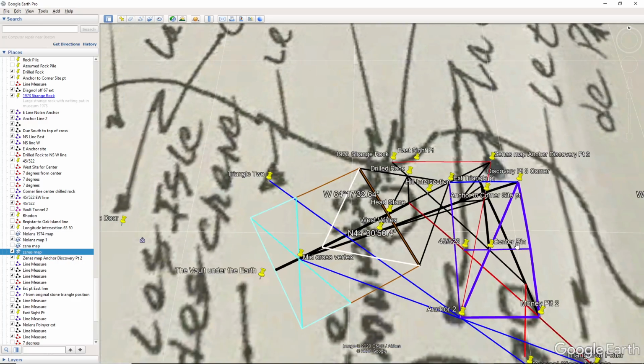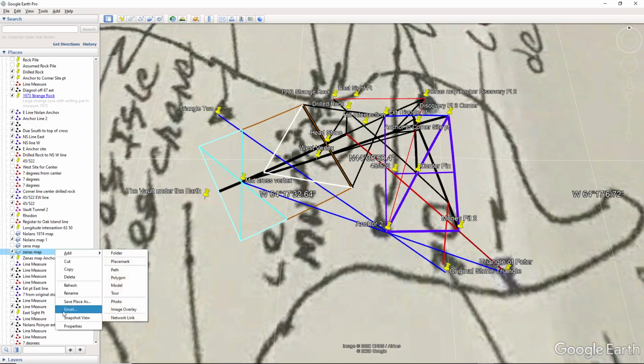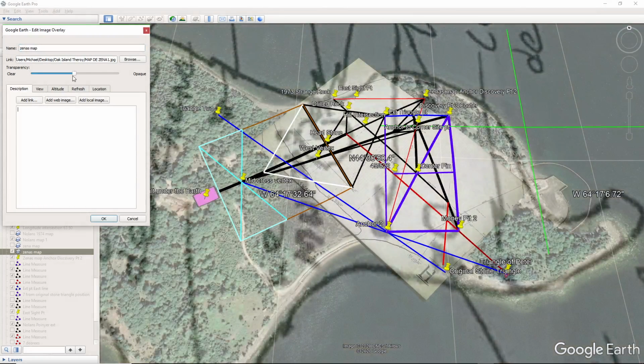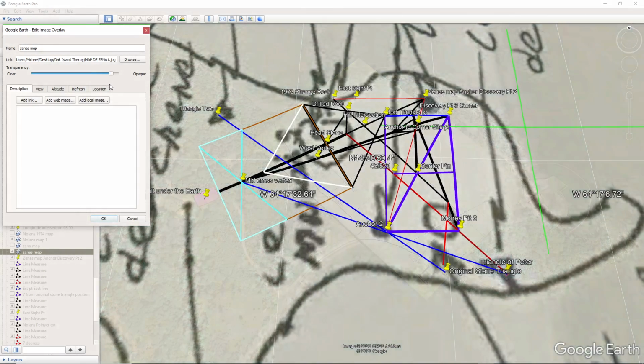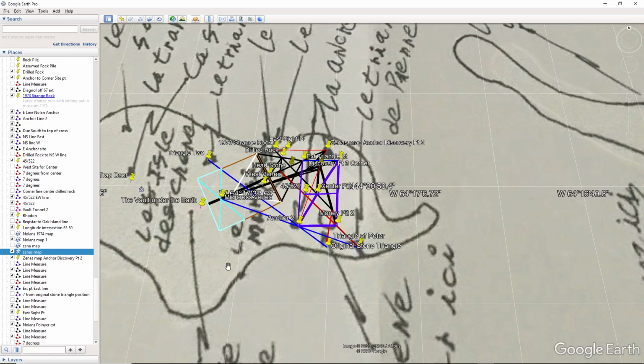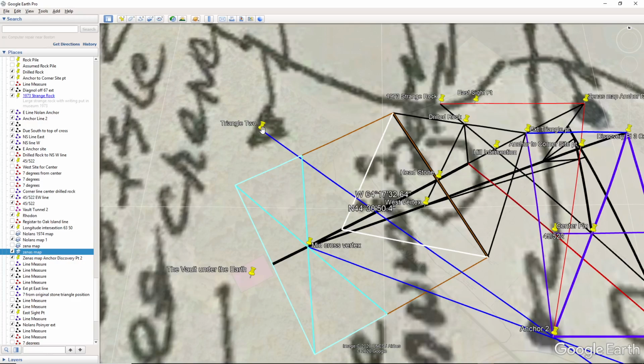One of the things about this map is, and this is pretty much accurately placed. If you want to see, it's pretty much accurately placed. It's different than the shape of the island, but if you look at some of these other markers, like the second triangle is right there. I mean, it's right where it's supposed to be on the map.